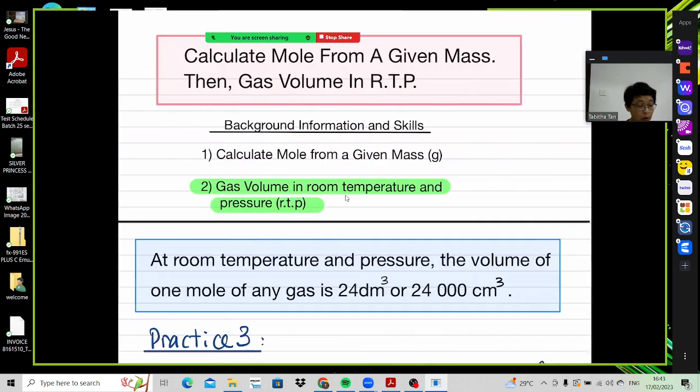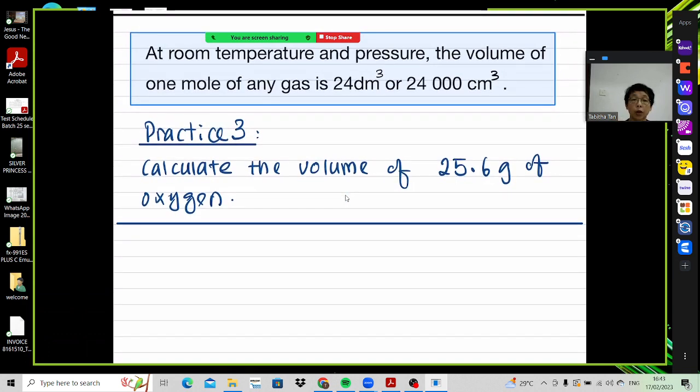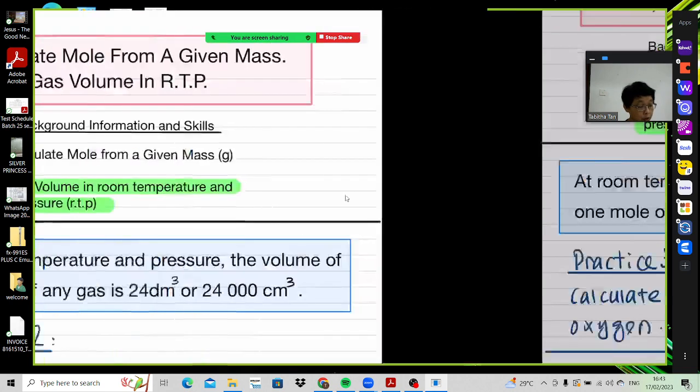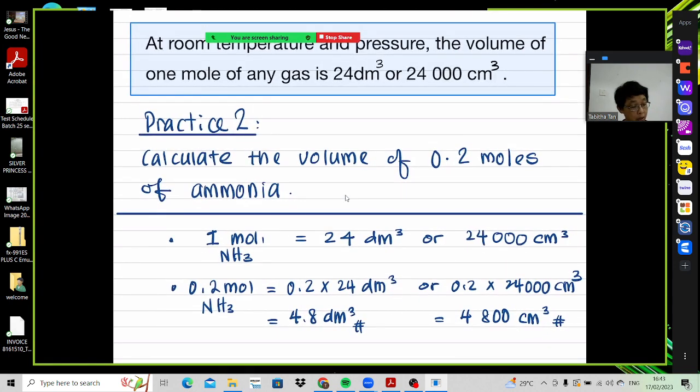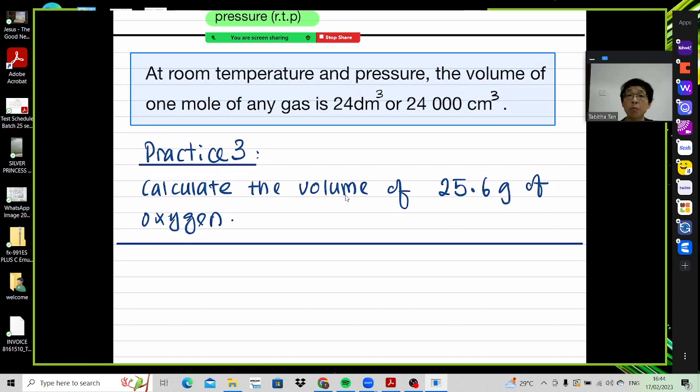Now let's go on to practice number 3. Calculate the volume of 25.6 gram of oxygen. What is the difference that you see here? In the two examples previously, the mole was given to you directly, and in this question you might wonder, where's the mole?